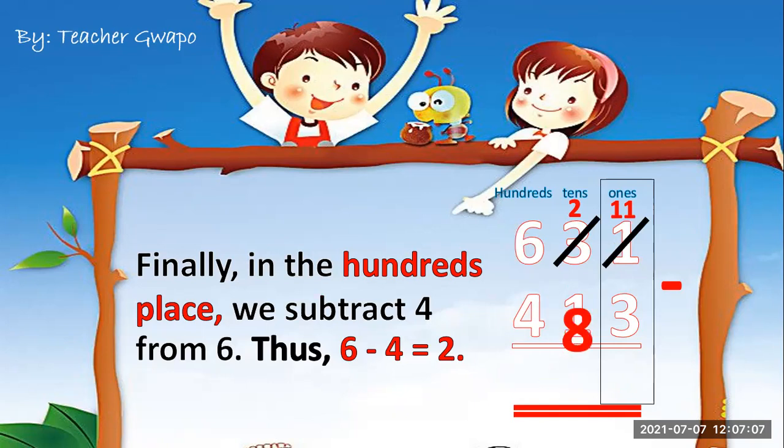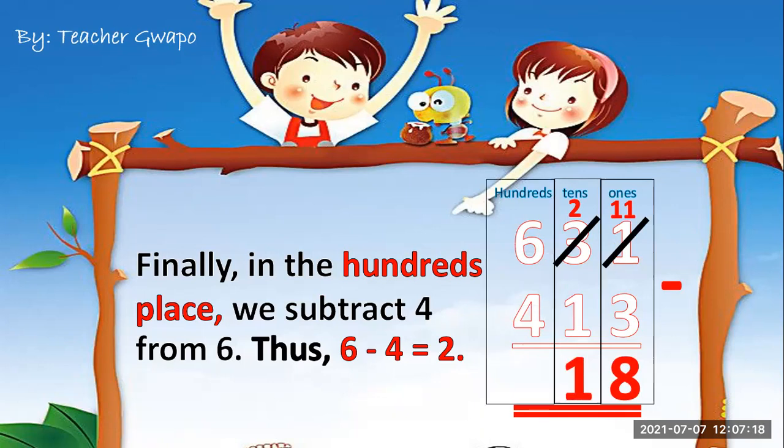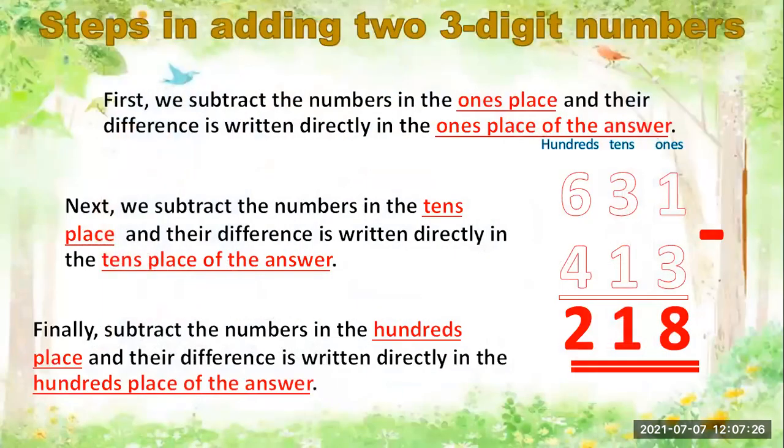So 11 minus 3 is 8, and 2 tens minus 1 ten is equal to 1 ten. And here, hundreds, 600s minus 400s is equal to 200s.